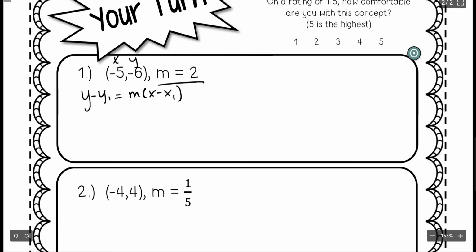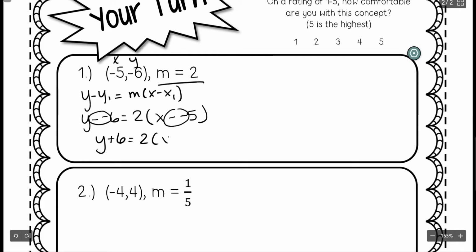Again, you're going to get in the habit of just writing it out. y minus our y, -6, equal to slope, parentheses x minus our x1 of -5. Again, we can simplify by changing two negatives to a plus. y plus 6 is equal to 2 parentheses x plus 5 is our equation.